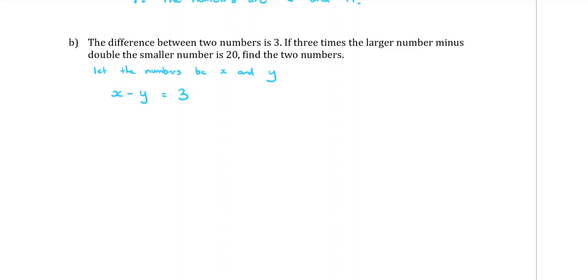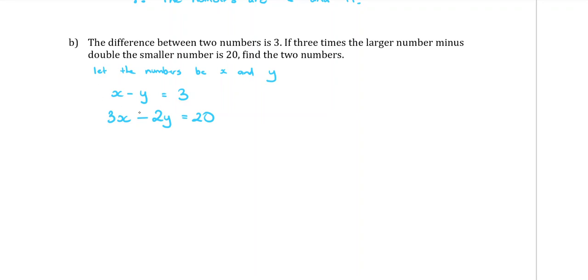Then, 3 times the larger number, and we remember X is larger, minus double the smaller number, so double is 2 lots of Y, is equal to 20. Find the two numbers. Okay, so we've got X's, Y's, equal numbers.